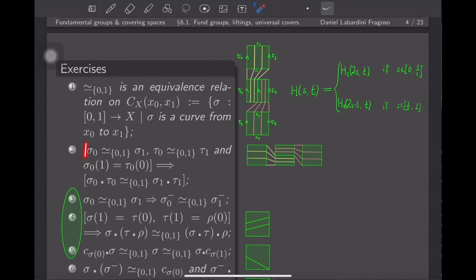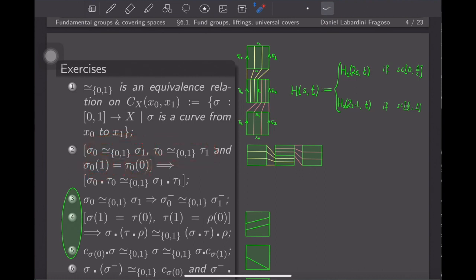So if sigma naught is homotopic relative to endpoints to sigma 1, so if sigma naught can be deformed to sigma 1, and of course this already says that both sigma naught and sigma 1 have the same endpoints, and tau naught and tau 1 are homotopic relative to endpoints, and moreover, these two end precisely where these two begin.